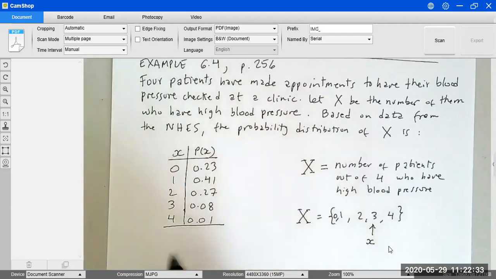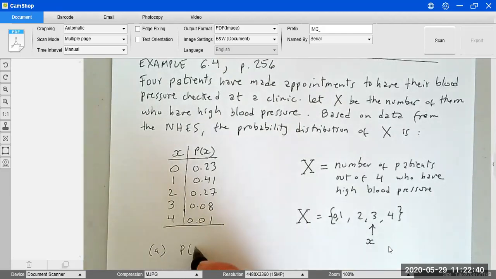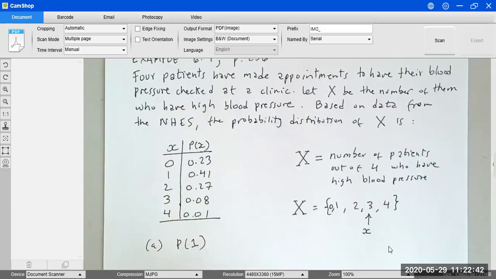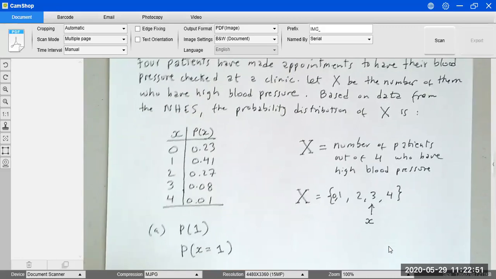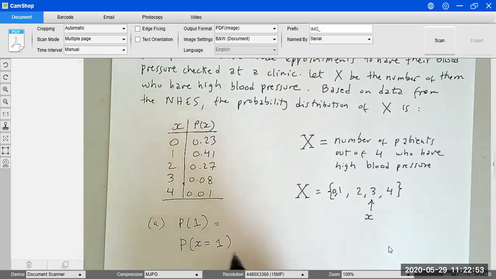So the first problem is we're going to find the probability of x equals 1. You can write it in this way, or you can also write it in this other way, x equals 1. The meaning is the same. So how do you solve this problem? You just need to check the table.